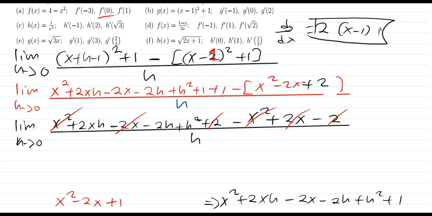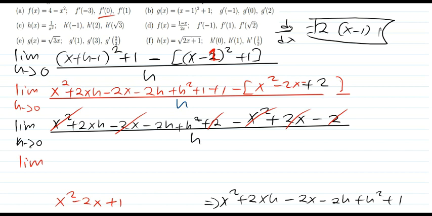Okay, now we can see that on top there we are going to have limit. Remember, our goal is to come up with this answer. That's why it's good for us to differentiate using the normal way, so that when you are using first principle, you know the answer already.